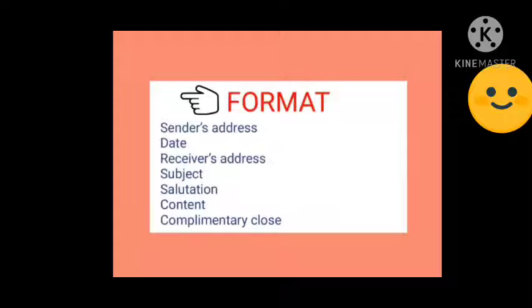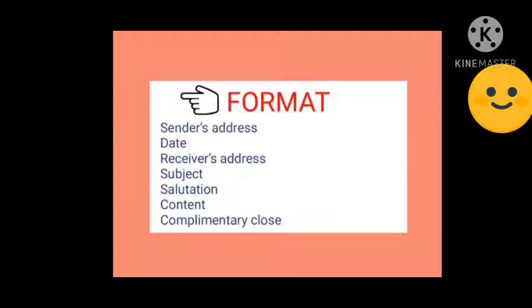And we should begin with the sender's address, that means the person who is drafting the letter. That is nothing but the from address. But we are not supposed to mention "From" at the beginning, so we just start without the heading. So the first component is sender's address, the next one is date, and the third one is receiver's address.